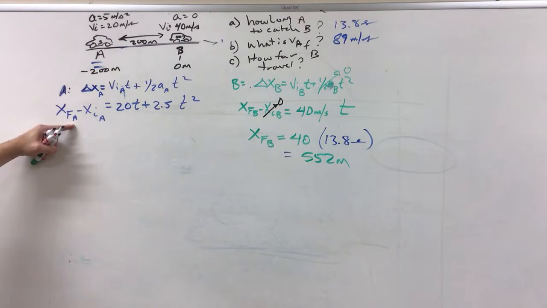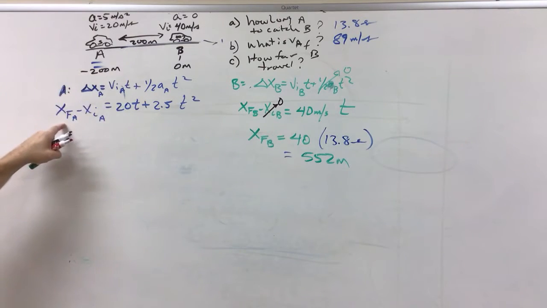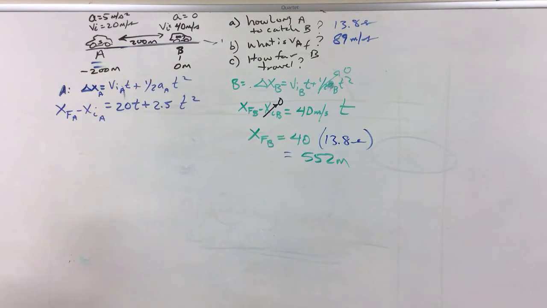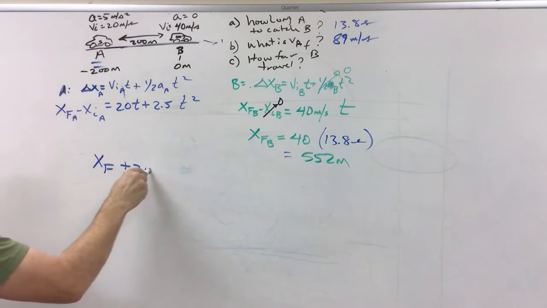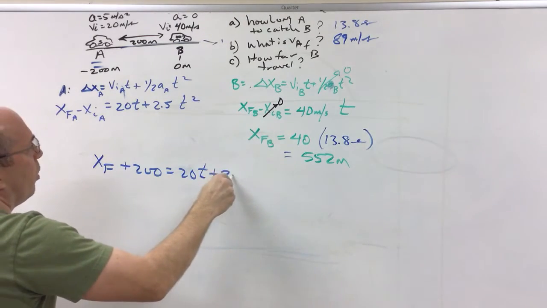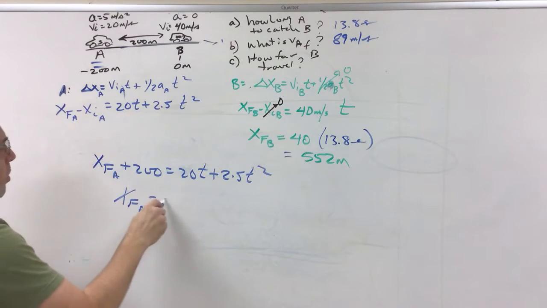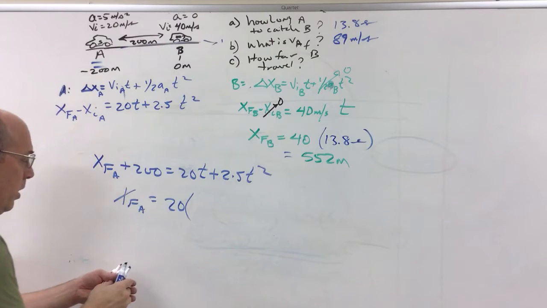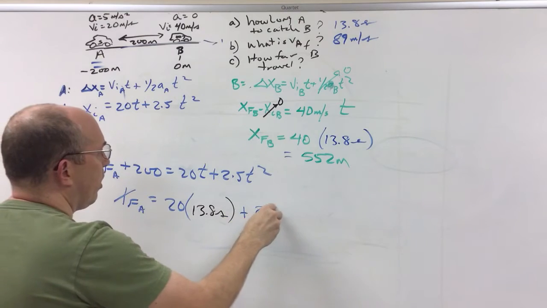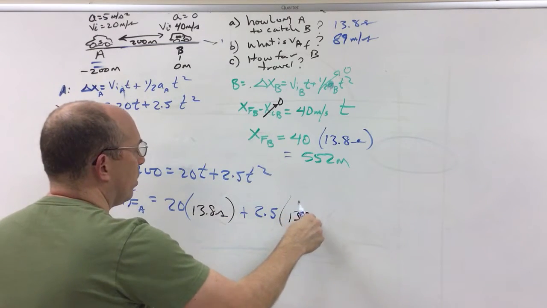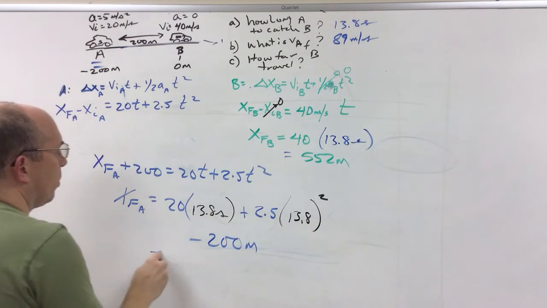Well, you guessed it. You can plug back into this equation, right? For A, recognizing it's 200 meters behind, we can still find x final based on the zero position for B. So, x final, remember this was minus a minus 200 plus 200, is 20t plus 2.5t squared. So x final of A is going to be equal to 20 times 13.8 plus 2.5 times 13.8 squared, minus 200 meters.